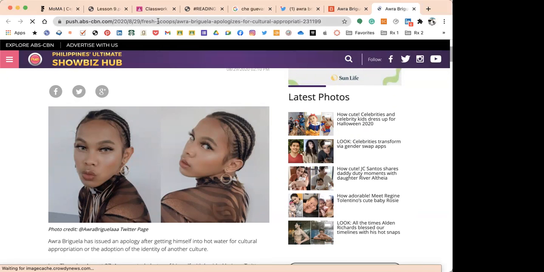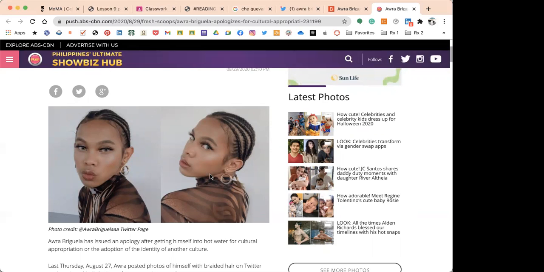Okay, that is what we can call cultural appropriation already. Kung si Aura, what she did was copy something that's related to black, or when she had this hairstyle, she videoed herself or posted on TikTok part of herself speaking in a way that blacks do.